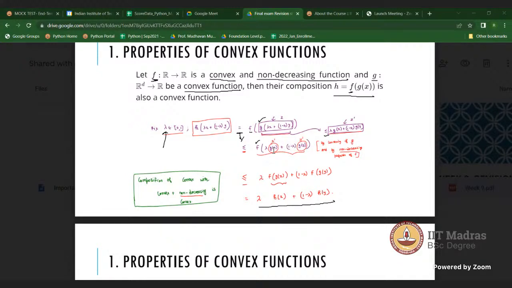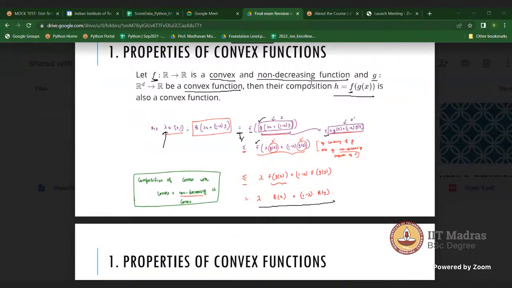Since we know that f is non-decreasing, f of lambda into g of x plus 1 minus lambda into g of y is going to be less than or equal to lambda into f of g of x plus 1 minus lambda into f of g of y.